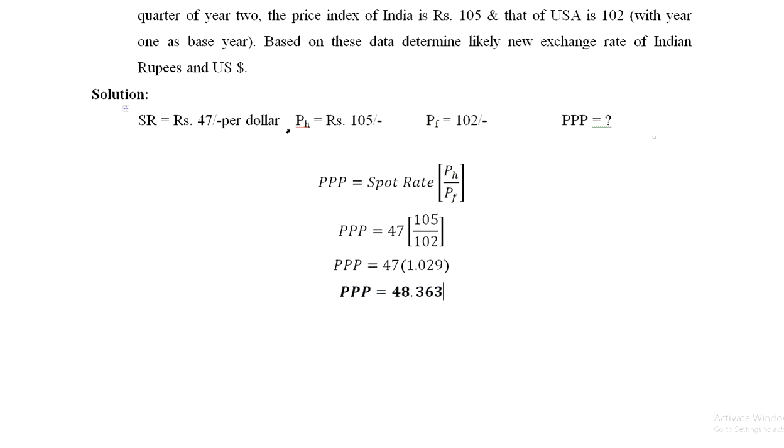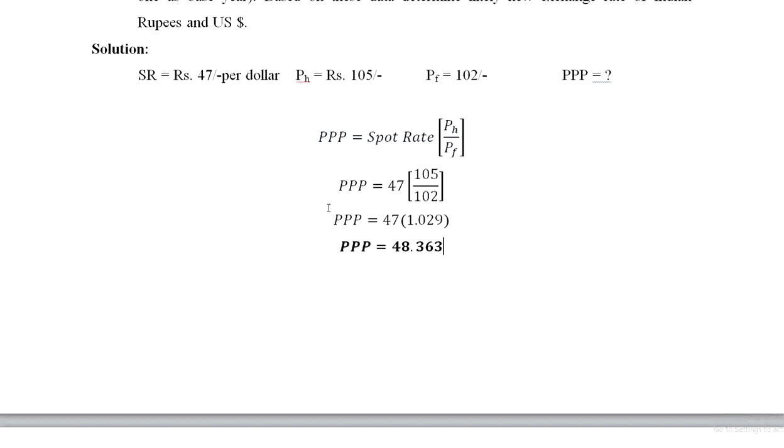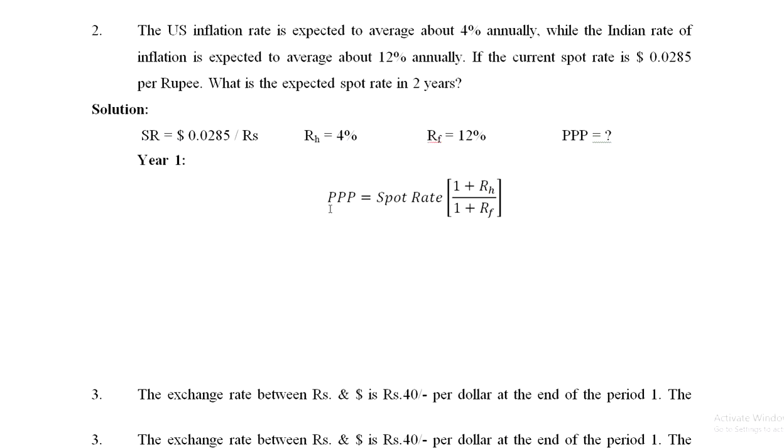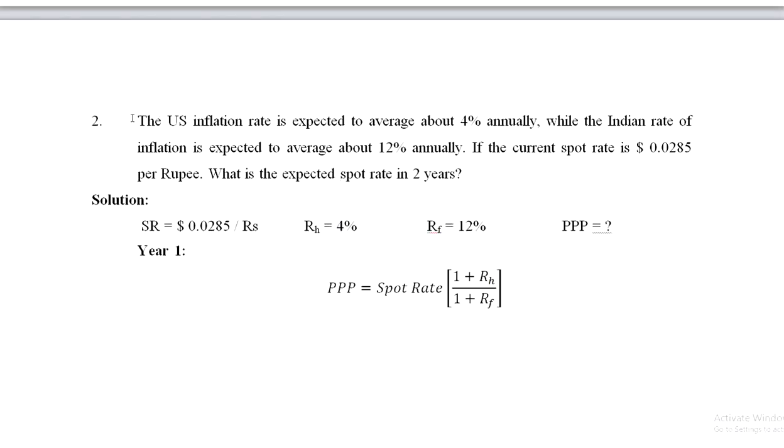So this is the question which will be asked for 5 marks, and I hope you have understood this, right? So similarly, let us come up with the second question. The inflation rate is expected to average about 4% annually.